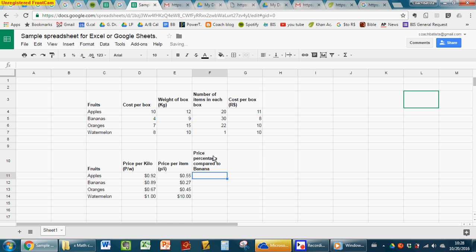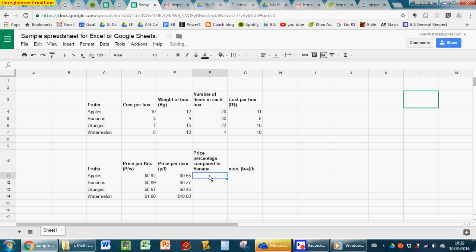Okay, so what I'm going to do is the banana minus the next price divided by the price of the banana. Okay, so I'll make a note here. This is a note. So this is going to be the banana minus the x, okay, divided by the price of the banana. This will give me the percentage difference, okay, and x in this case is the other fruits, okay.